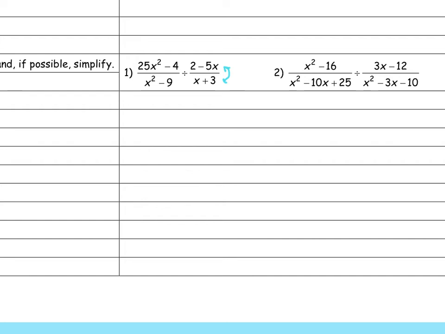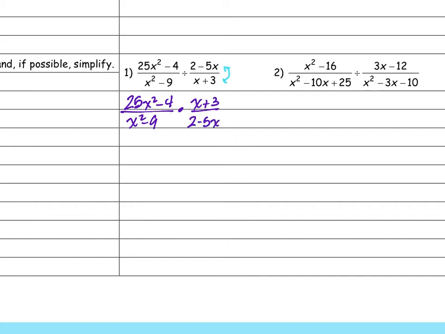There we go. And then I'm going to factor. So I've got 25x squared minus 4 divided by x squared minus 9 times, because I'm going to switch them, x plus 3 all over 2 minus 5x. Okay, so now it's switched.